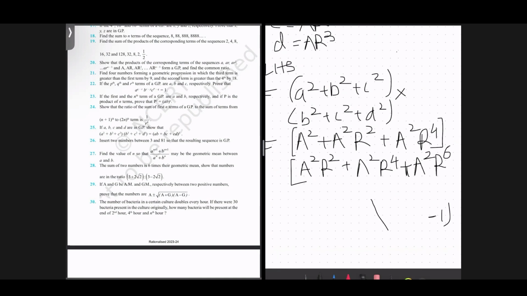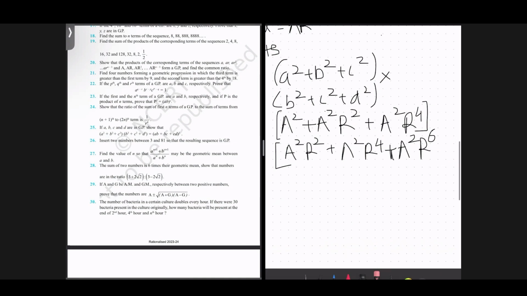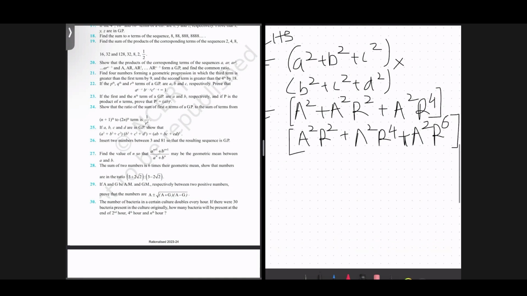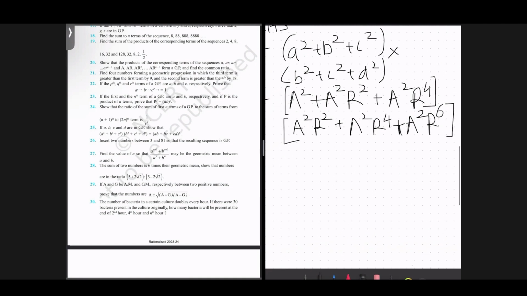Doing this, you can take out certain terms common from each of these terms, and let's see what you get. You can take out A square common from the first bracket, so you get A square, and here you get 1 plus R square plus R raised to the power 4.